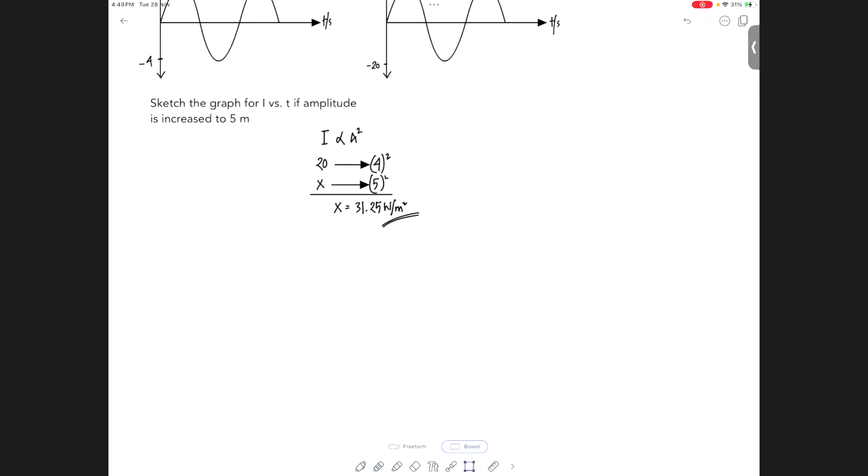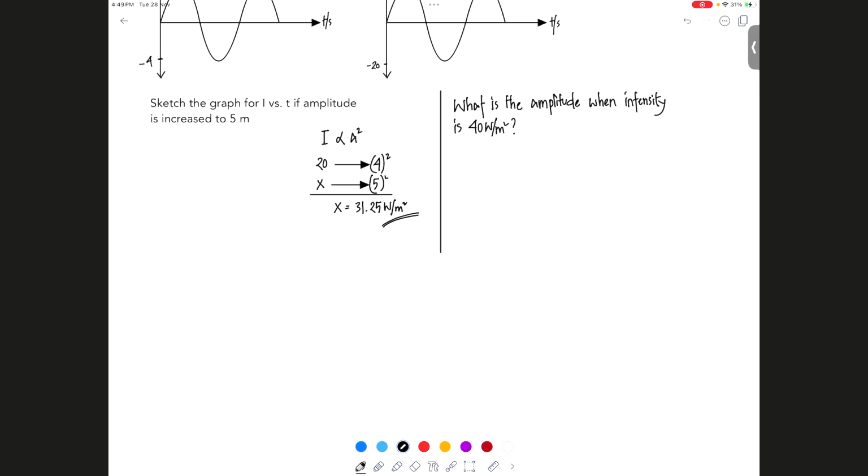Now, I'll give a small additional step based on this, okay? What is the amplitude when intensity is 40 watt per meter square? So yeah, try this.